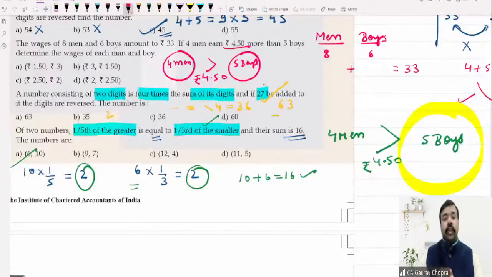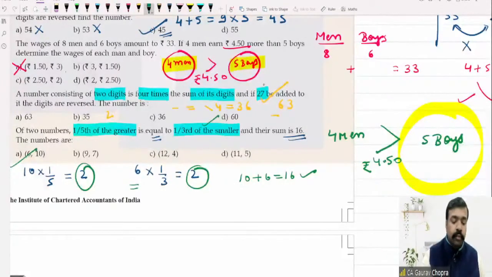Now we have to check which of the options is correct. The first option says the earning of men is 1.5 and earning of boys is 3. So this can be rejected because from the second condition, we clearly see that men are earning more as compared to boys. The first option is wrong. Now we have to check the second one, that is the earning of men is rupees 3 per person.